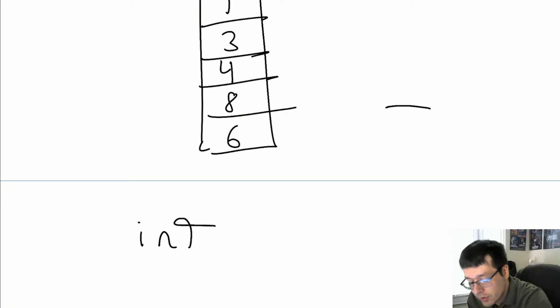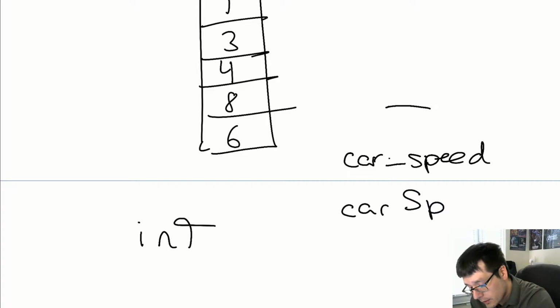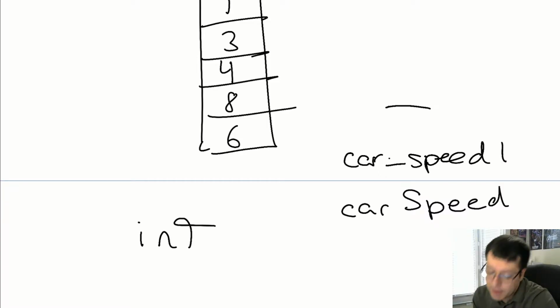However, it's okay to use them in the middle. So if you have a variable name like car_speed, I guess that could work. But you can also use camel case like that. Doesn't matter. But anyways, numbers can be anywhere except the beginning. So do not do this. That will not compile. Okay.